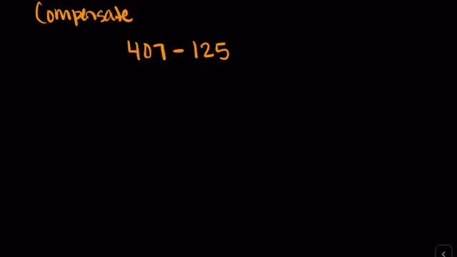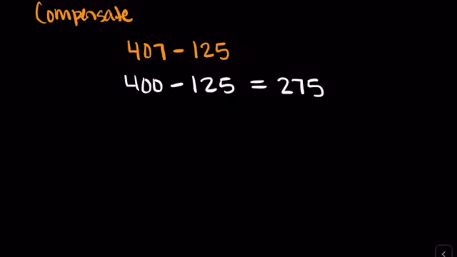Subtracting with 7 is hard, and so I'm going to change this to 400 minus 125. 400 minus 100 is 300, 300 minus 25 is 275.